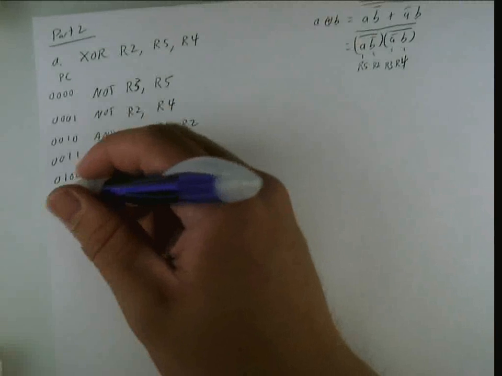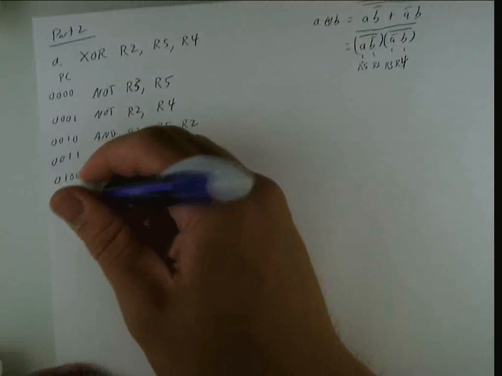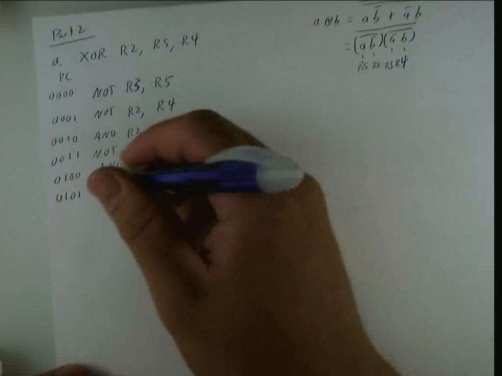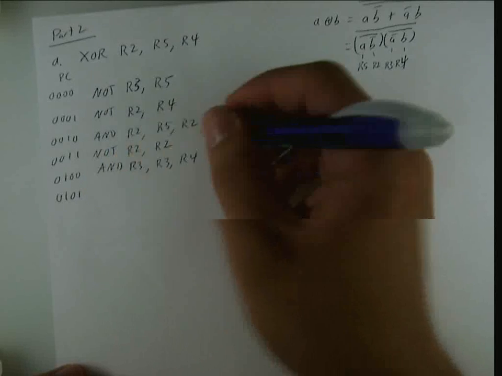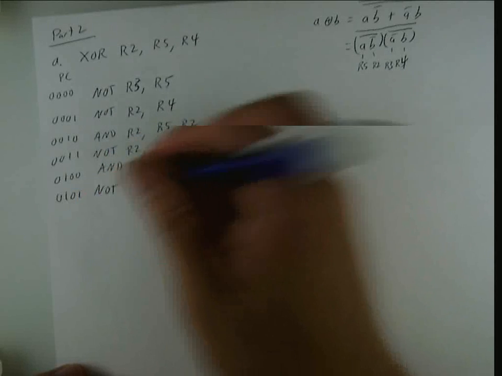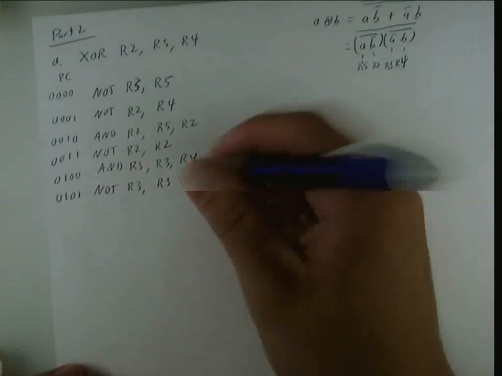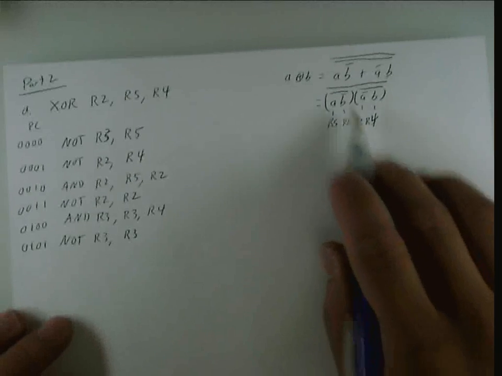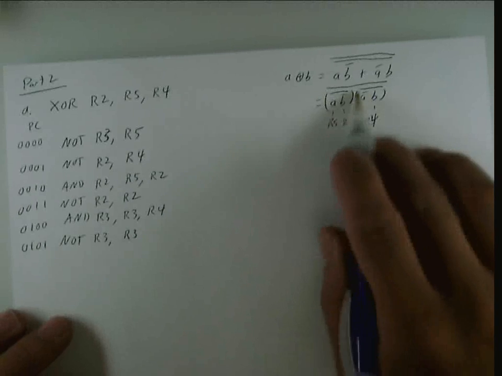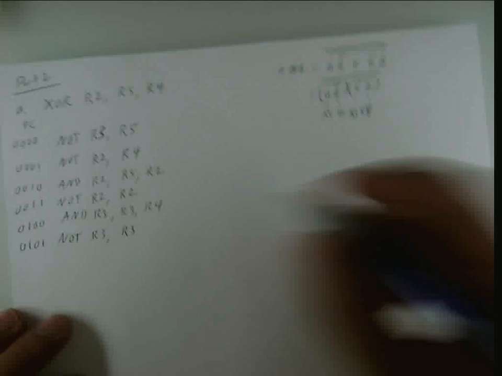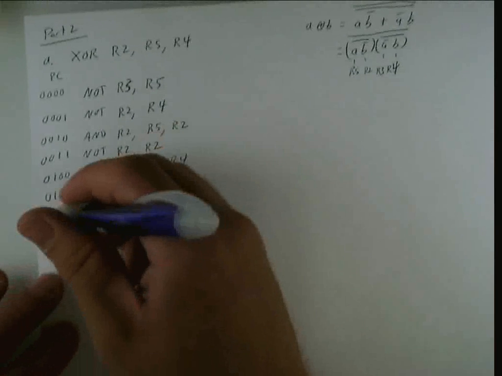And now we want to go to the next PC. So this is going to be NOT R3 back into R3. And so now we've got R3 is this whole thing and R2 is this whole thing. So we're going to AND R2 and R3 together.